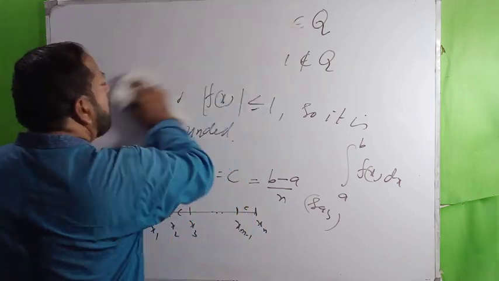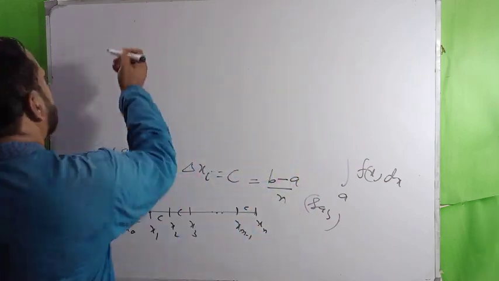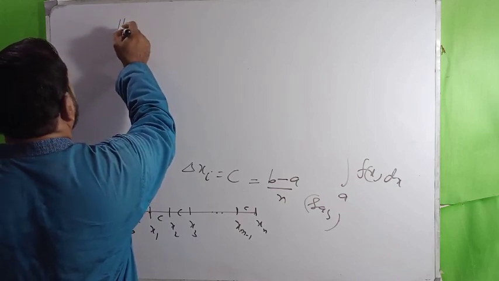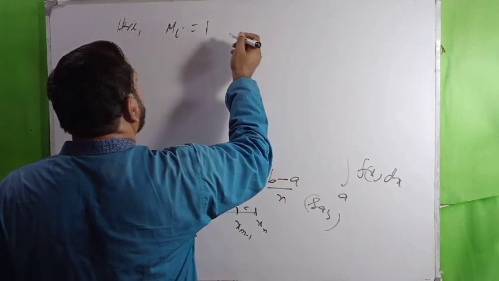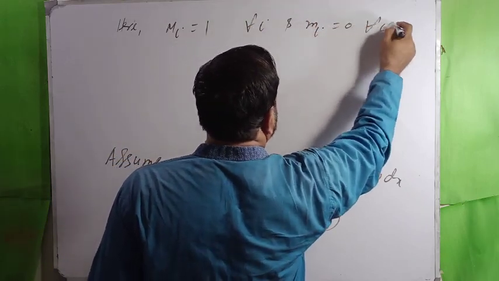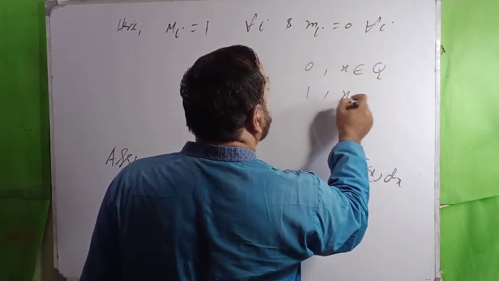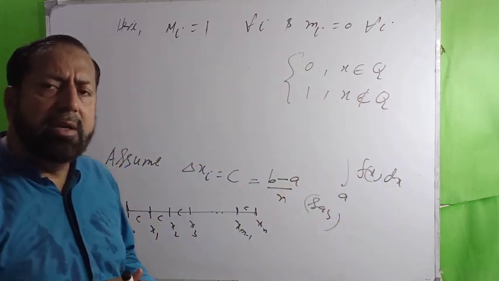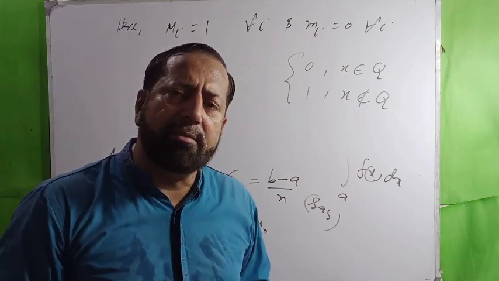So, if you see that, assume Mi would be equal to 1 for all i, and small mi would be equal to 0 for all i. Because your function is 0 when x belongs to Q and 1 when x does not belong to Q. So corresponding to every subinterval, you have infinite numbers which are rational, and infinite numbers which are irrational.